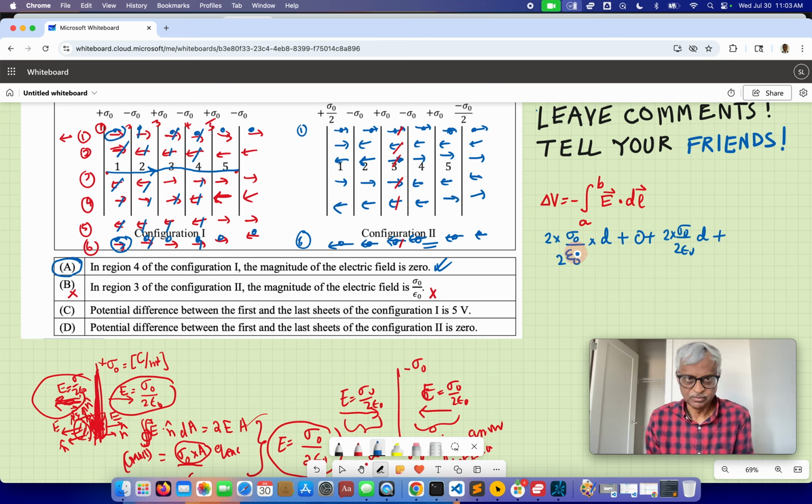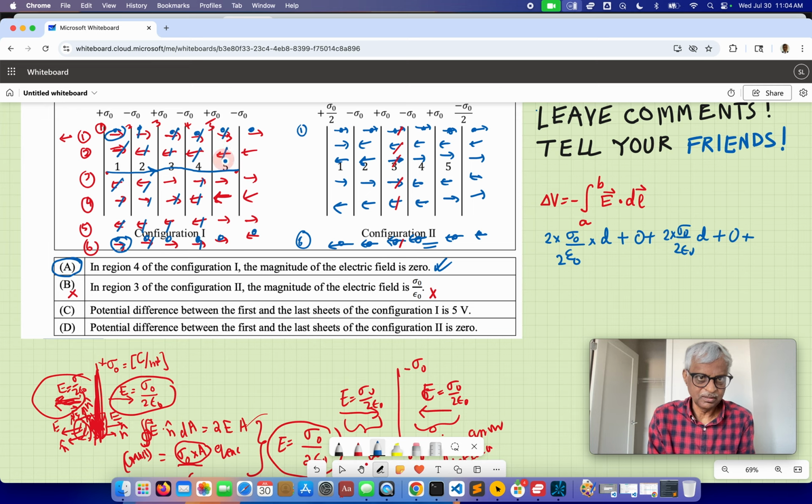Region 4 will be 0. Region 5 will be over here.